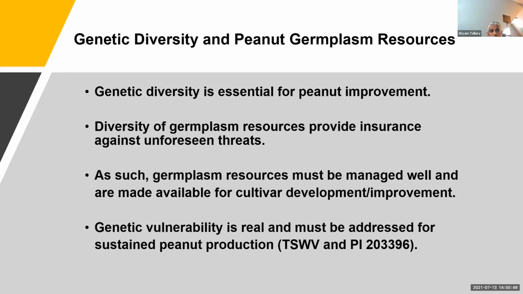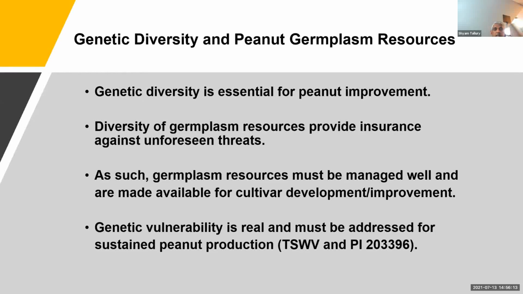This morning in the virus symposium, Dr. Culbreath gave a beautiful narration of tomato spotted wilt virus and the source of resistance in Georgia Green via Southern Runner with PI 203396. So I'm not going to spend much time on that.